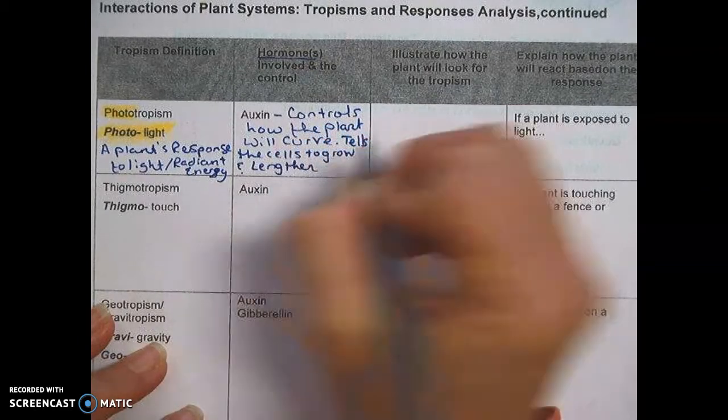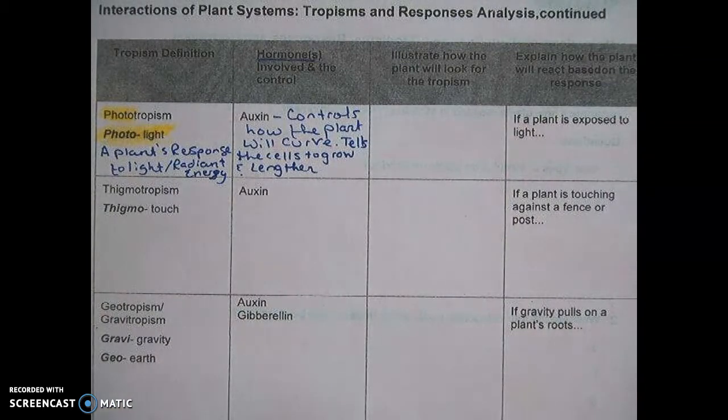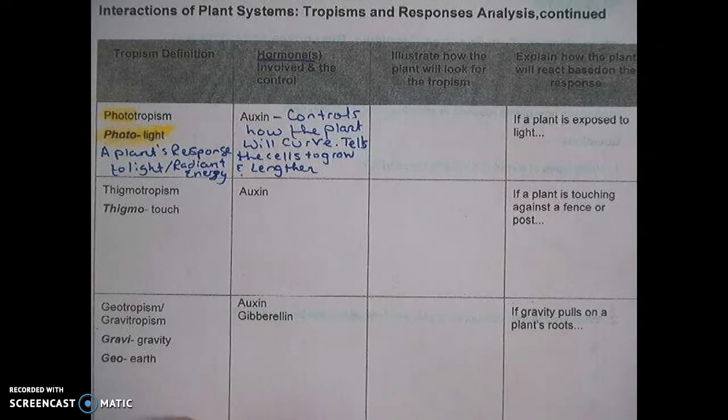So this auxin will go to the shady side of the plant, and then it will cause the cells on the shady side of the plant to become longer. They'll grow faster, and that causes a lengthening on the shady side of the plant because there's more auxin hormone there, and it causes that bend.